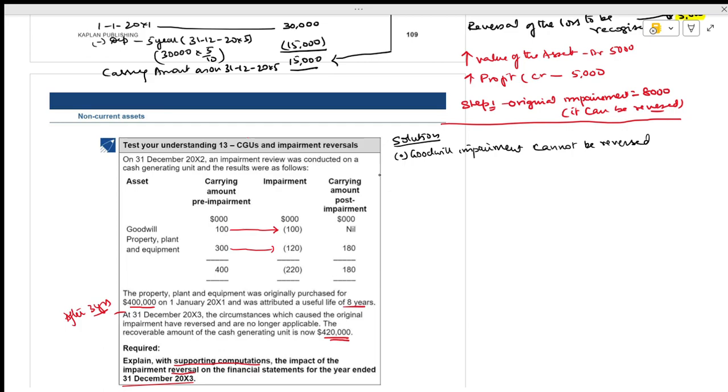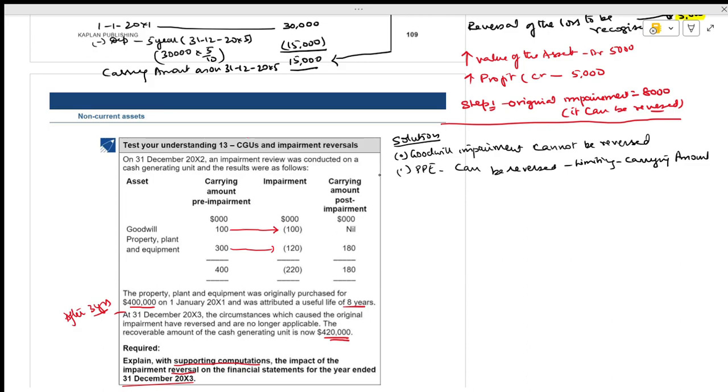The impairment of property, plant and equipment can be reversed subject to conditions. This is reversed limiting to the carrying amount. We cannot reverse the actual amount. We have to compare how it will happen over the time period, and according to that we have to make a reversal.